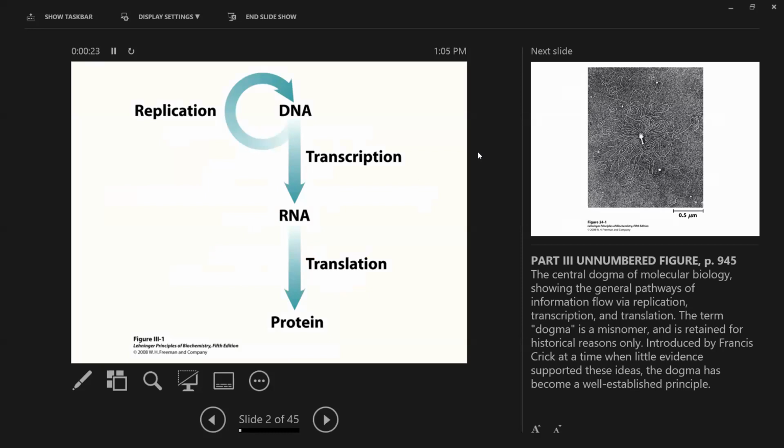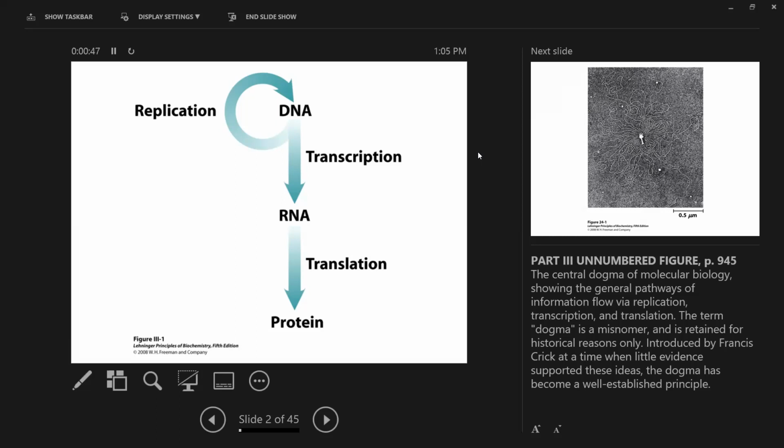DNA is then transcribed into an RNA. That's the process of transcription. We'll talk about that a little bit too. Then the RNA, if it's a messenger RNA, is translated into protein. That's the process of translation. We're not going to talk about that too much. That's for other classes.